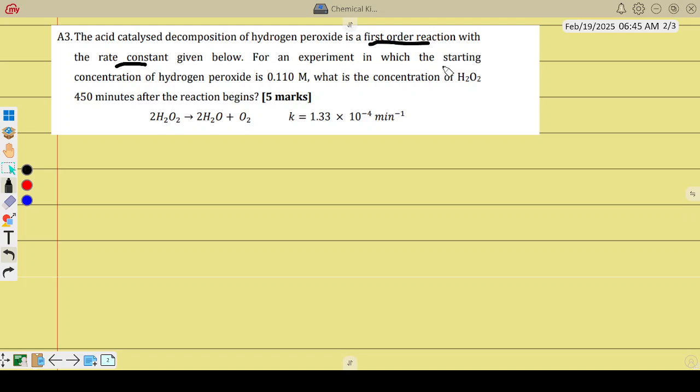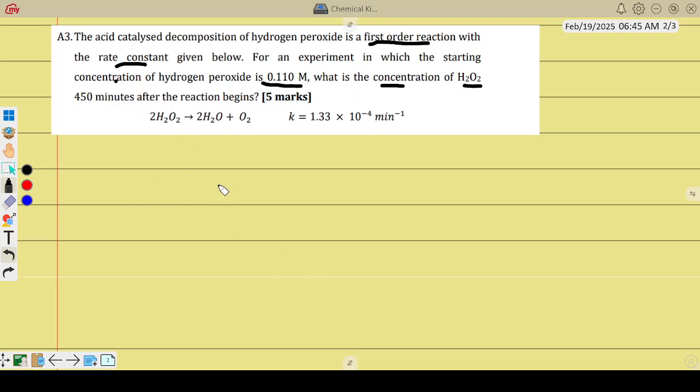And then for an experiment which was starting when the concentration of hydrogen peroxide was 0.1, they have given us the initial concentration. Okay, this is good. What is the concentration of hydrogen peroxide after 45 minutes? They have even given us the time.